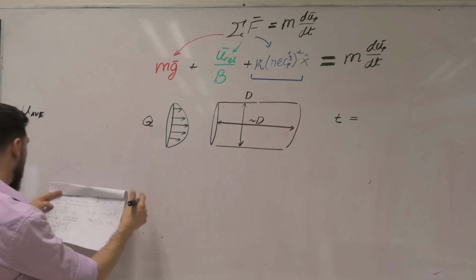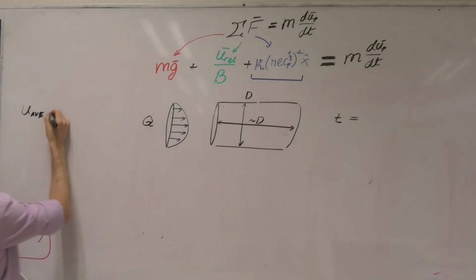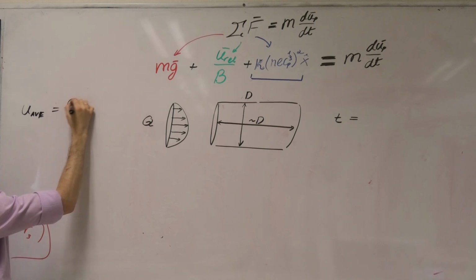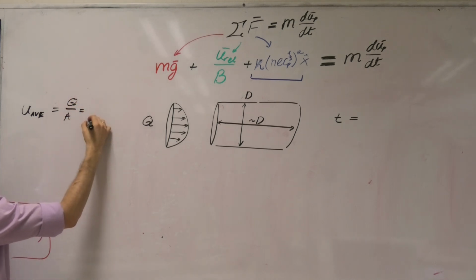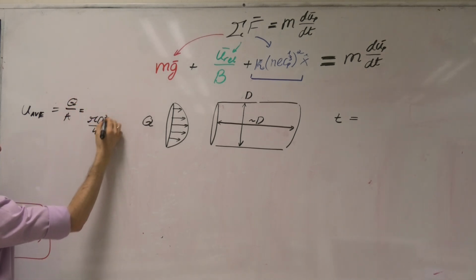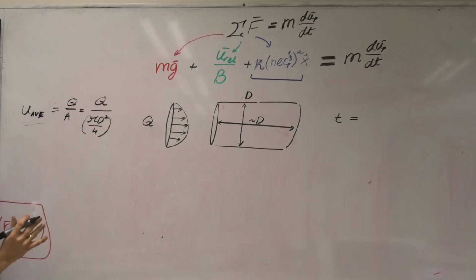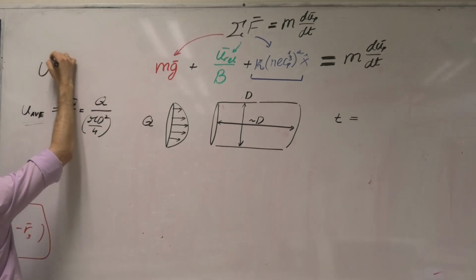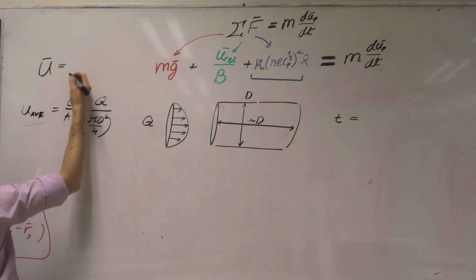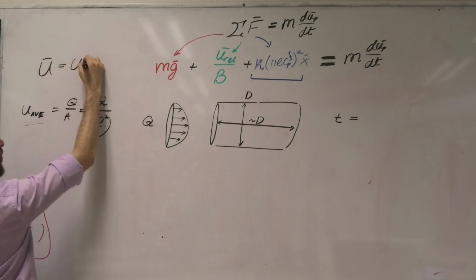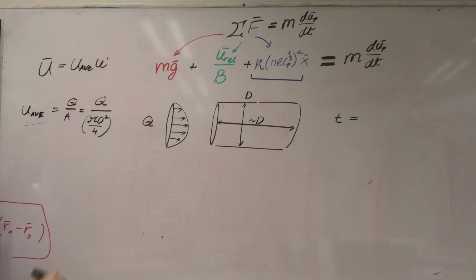So I can evaluate the flow rate, and the average velocity is the flow rate divided by A, and A is pi d squared over 4, right? So I can tell what is the average velocity. I can say that U is approximately some U average multiplied by a non-dimensional U, which gives us the direction.